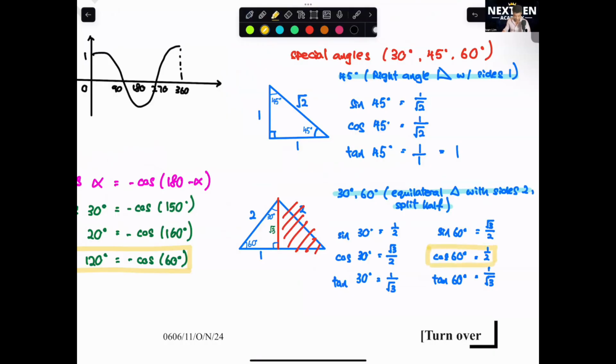Cos 60 degrees is equal to 1 over 2. Got it?